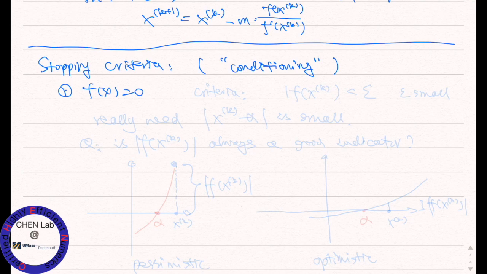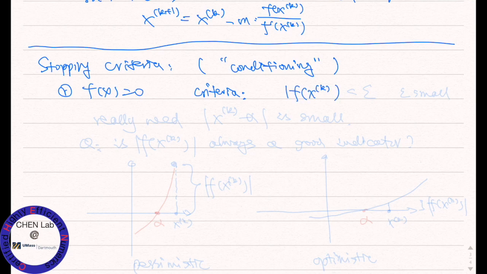We did mention it when we started talking about solving for the zeros. One criteria we can use is a quantity you can compute, otherwise you cannot really monitor.